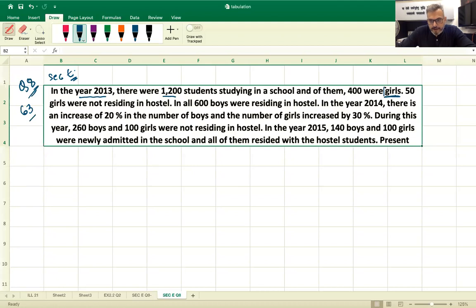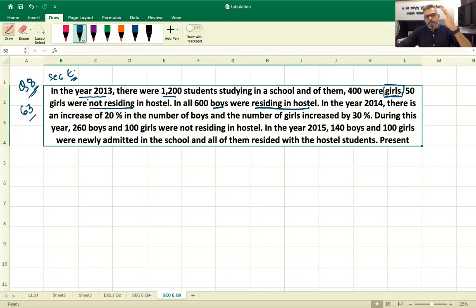So one of the attributes is girls. 50 girls were not residing in the hostel. So not residing in the hostel is one of the parameters. In all, 600 boys were residing in hostel.